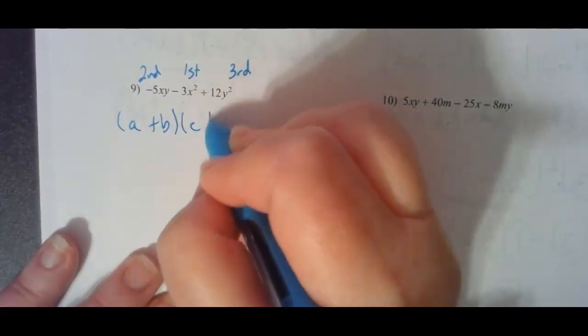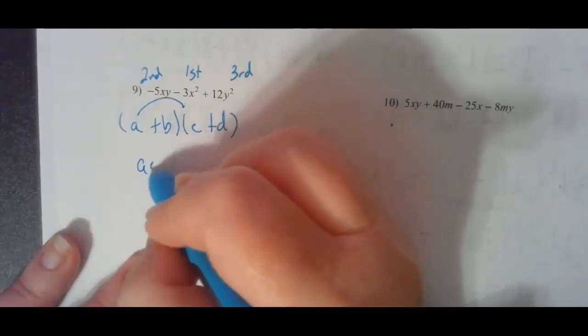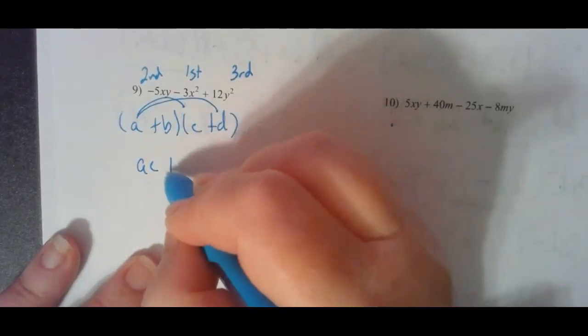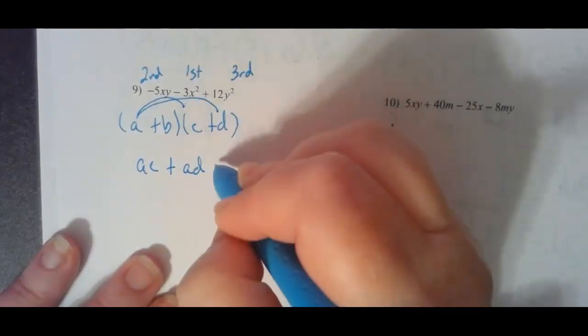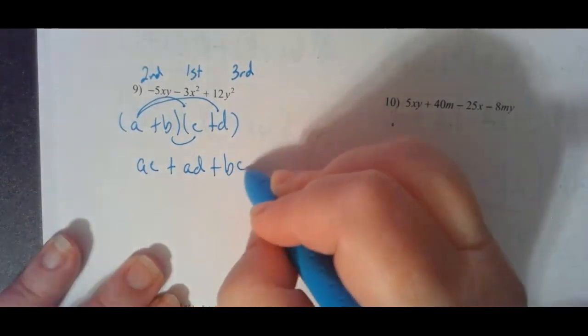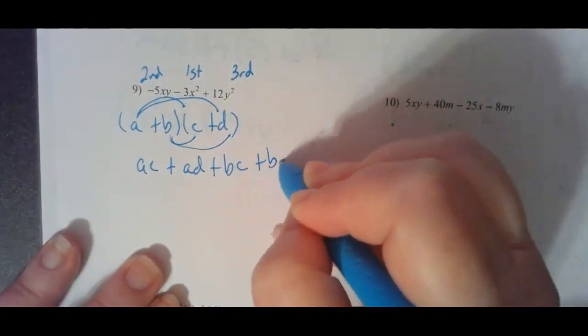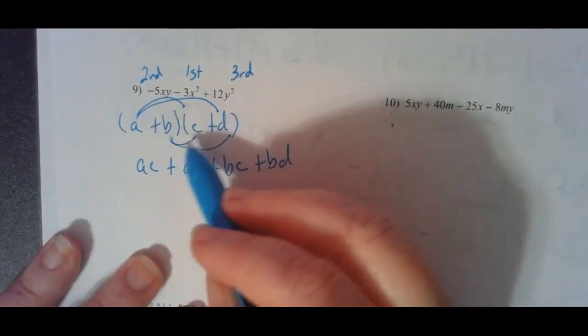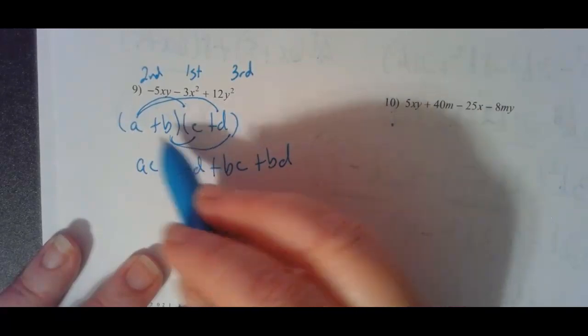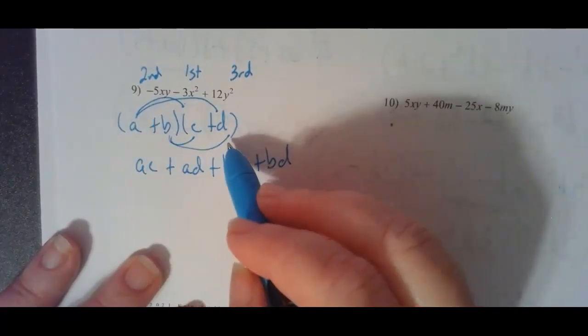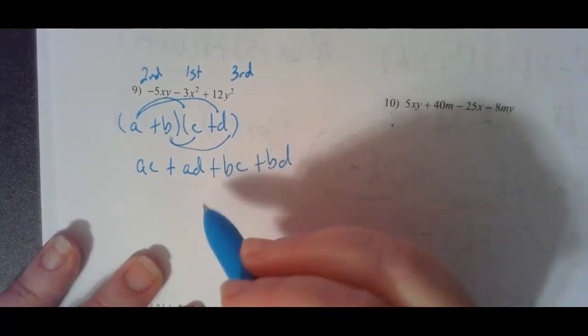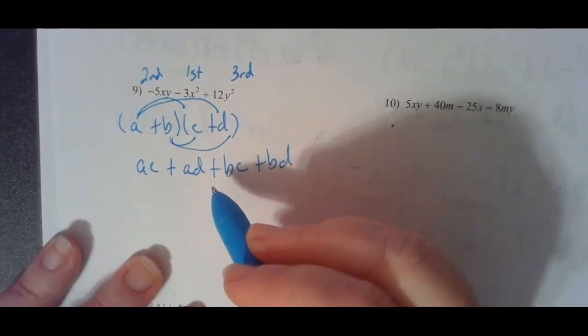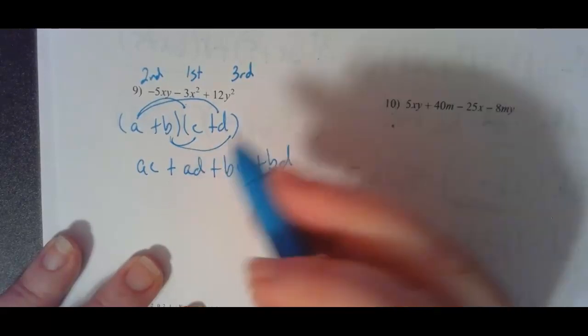We have A plus B times C plus D. Normally you distribute that A to the C to get AC, and then the A to the D to get plus AD, and then you multiply these two together to get B times C. You multiply these together to get B times D. And normally your BC term and your AD term are what we'll add together. Okay, so that's what we're going to do.